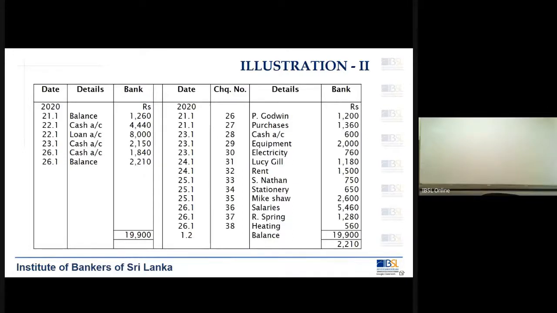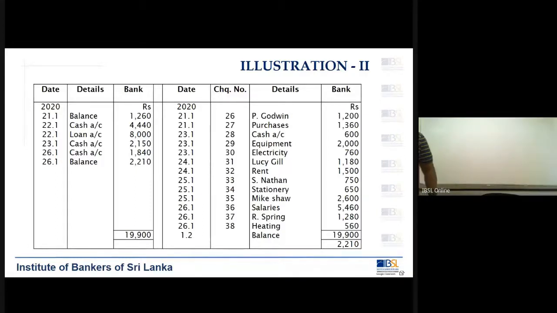In order to identify that, first we need to look at the 2 balances. What is the cash book balance and what is the bank statement balance? The cash book balance, you will see, is 1260.